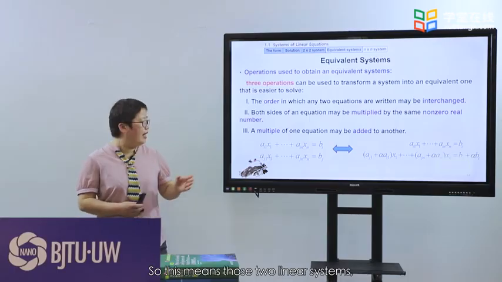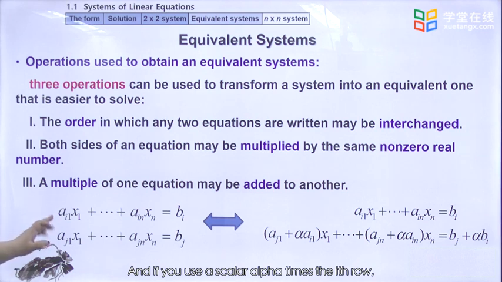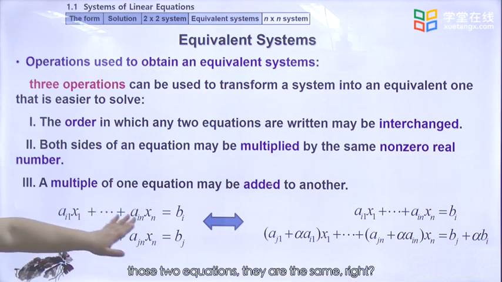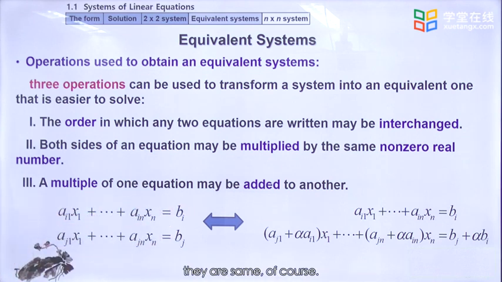This means those two linear systems are equivalent. The ith equation is ai1x1 plus ... plus ainxn equals bi. The jth equation is aj1x1 plus ... plus ajnxn equals bj, right? If you use a scalar alpha times the ith equation and then add it to the jth equation, the ith equation stays the same, of course.